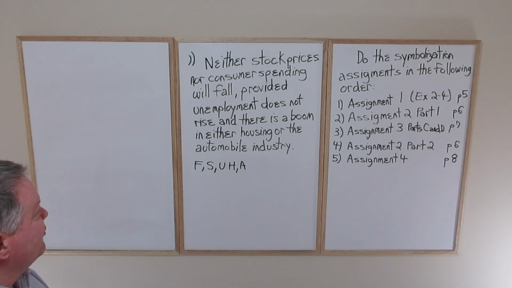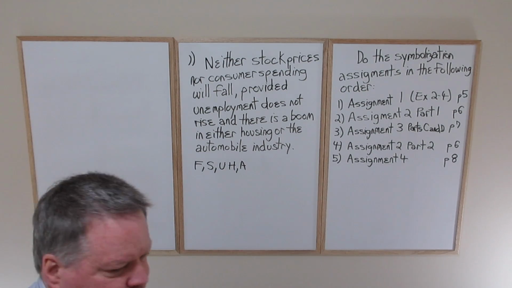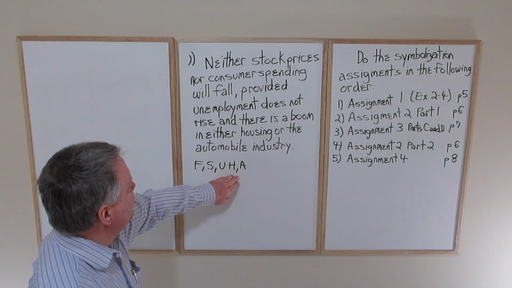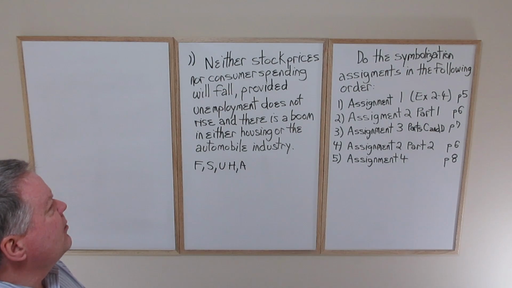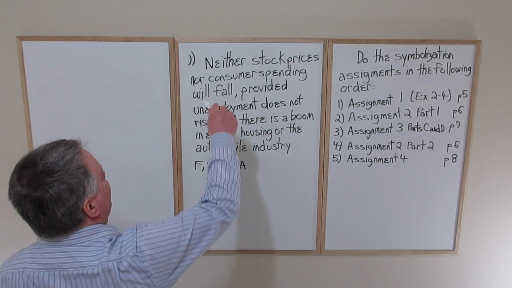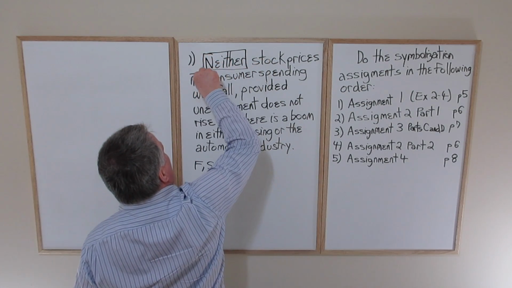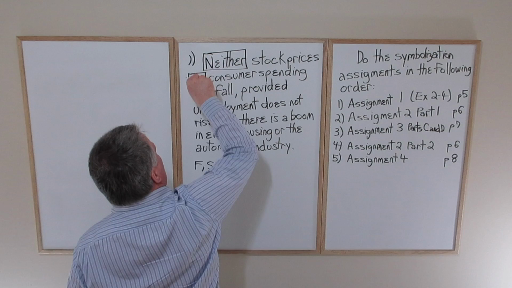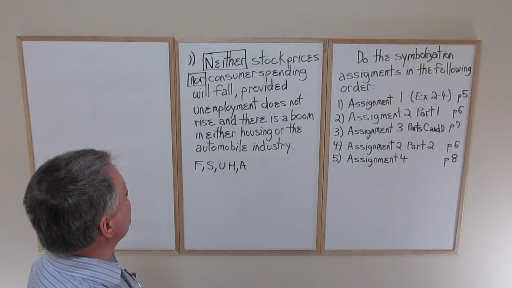Neither stock prices nor consumer spending will fall, provided unemployment does not rise and there is a boom in either housing or the automobile industry. We've got a number of simple sentences, 5 of them. We've also got a number of logical indicators. We've got the pair of words neither nor.